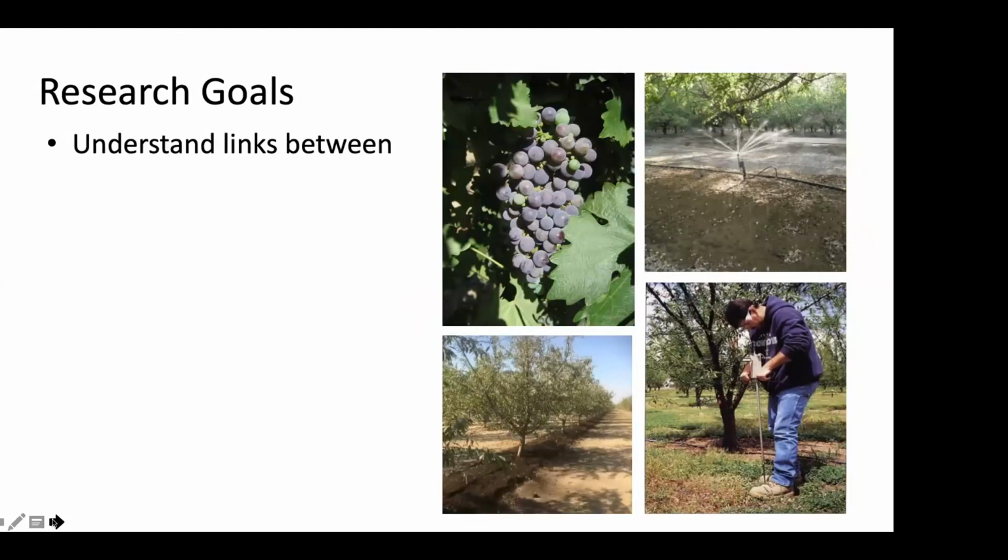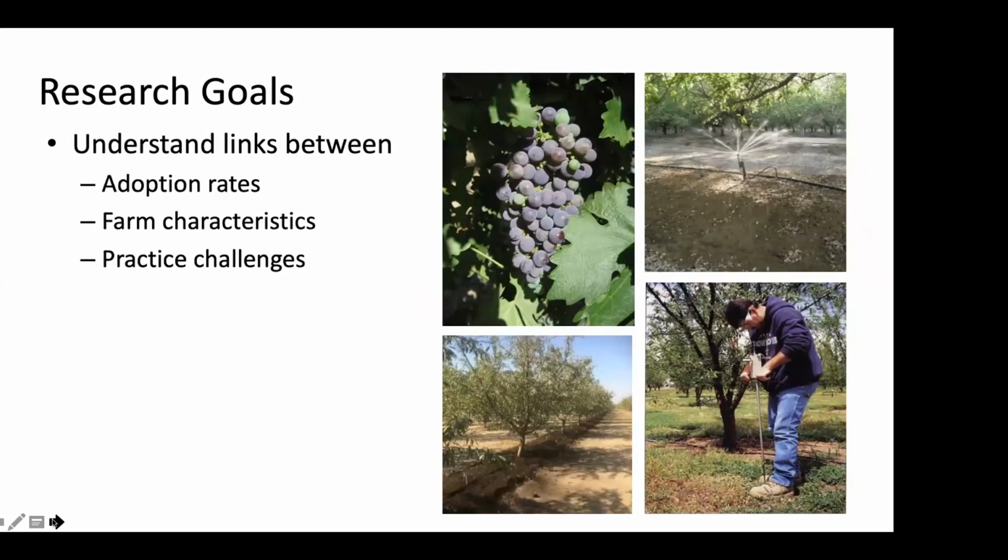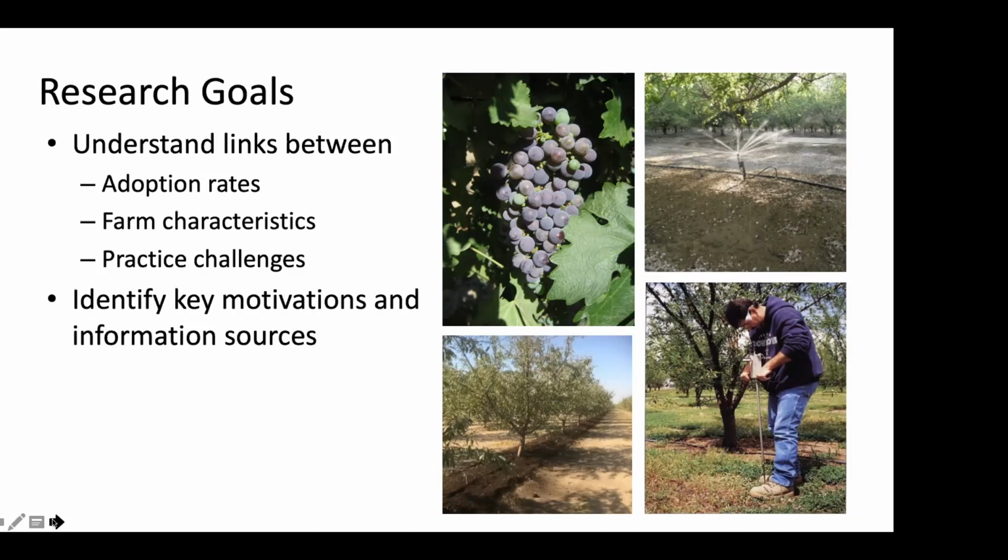So for our research goals, we were really trying to understand the link between different adoption rates of practices, farm characteristics, and some of those challenges associated with the practices. I use these pictures here to show that we were asking about nutrient budgeting, basing on knowing what crop we're growing, some of the irrigation practices, soil health practices, as well as some monitoring practices, like here, sampling the soil for different characteristics.